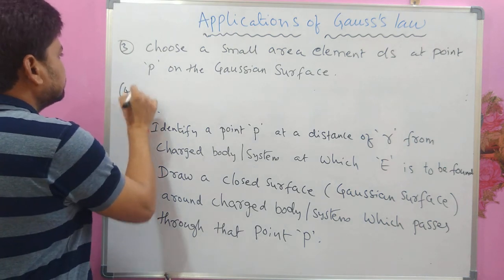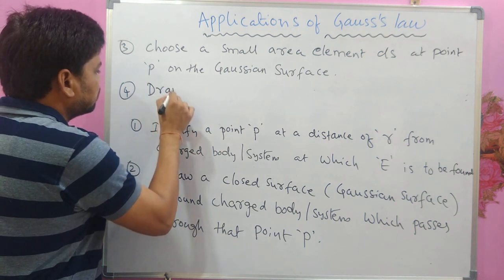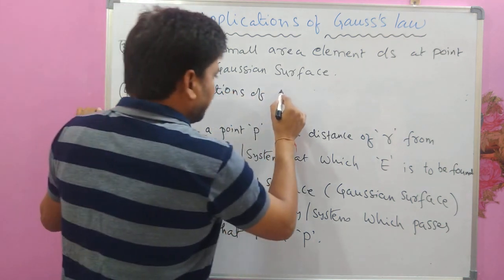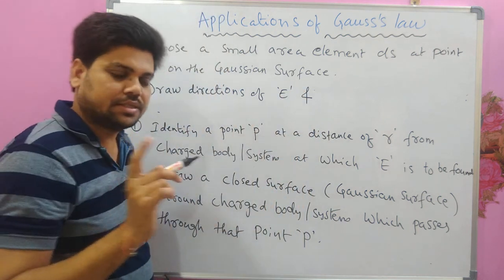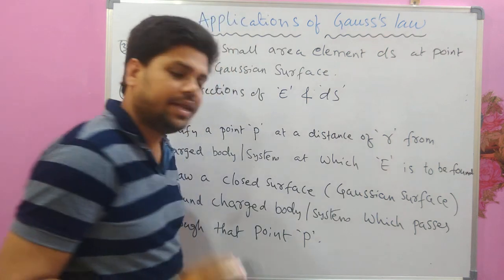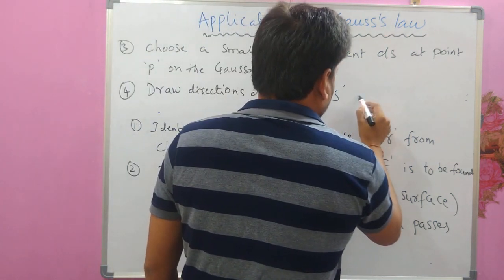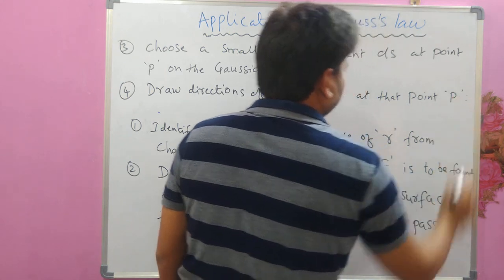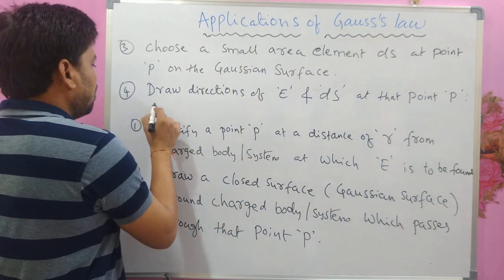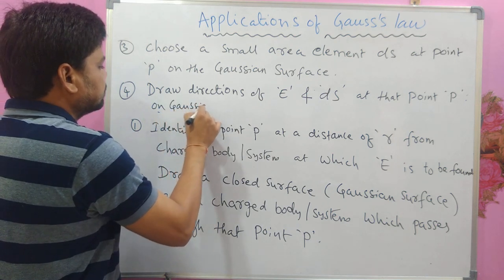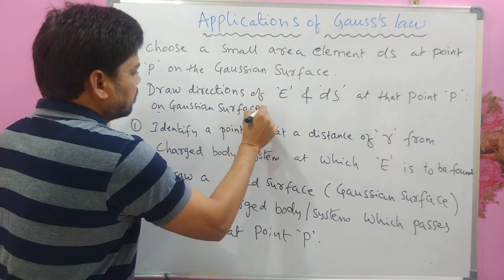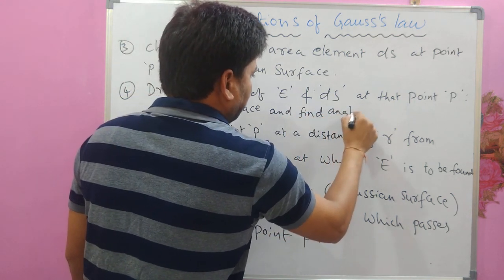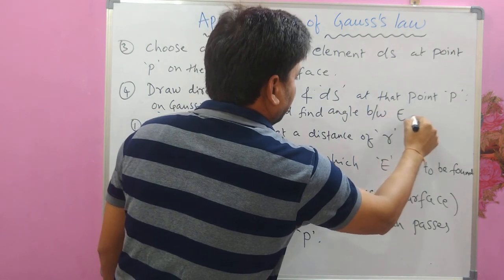And the fourth one: draw the directions of electric field strength and the ds area element at that point P on the Gaussian surface, and find the angle between E and ds.